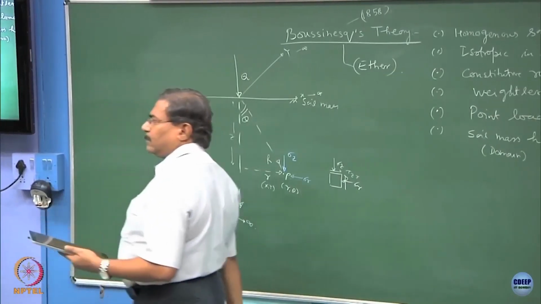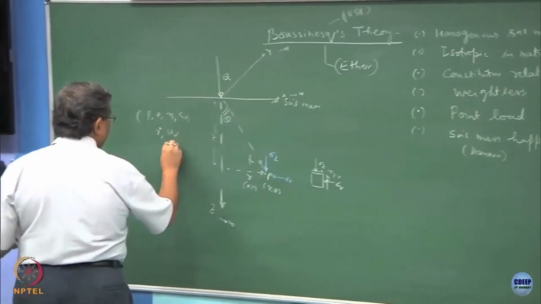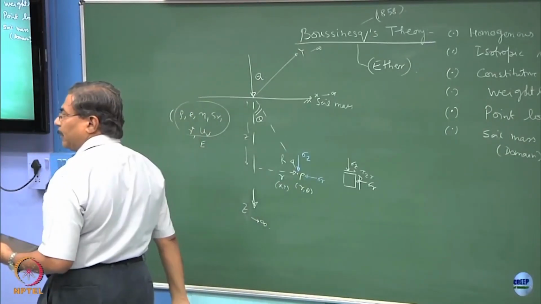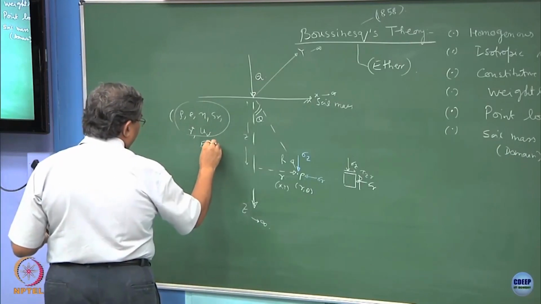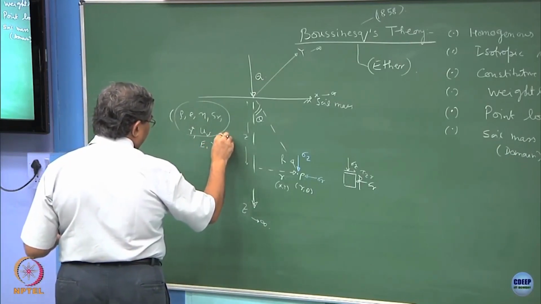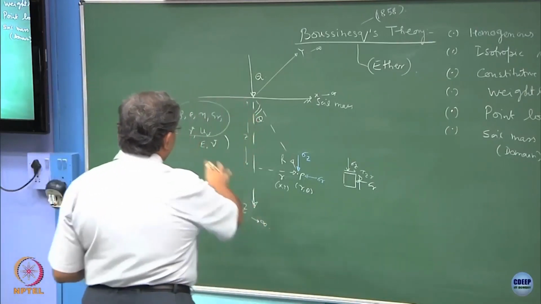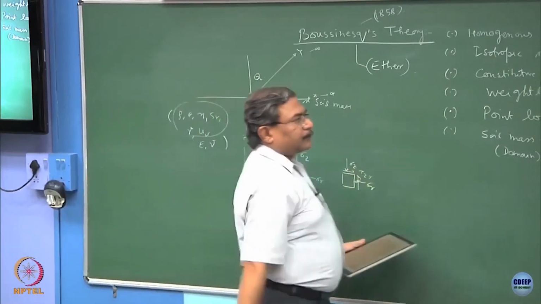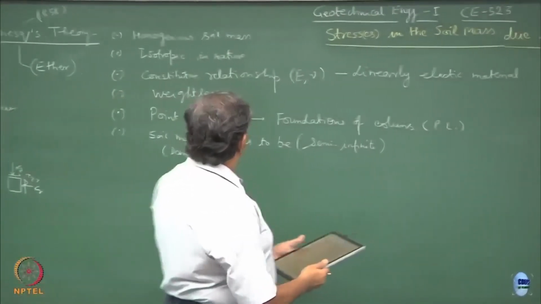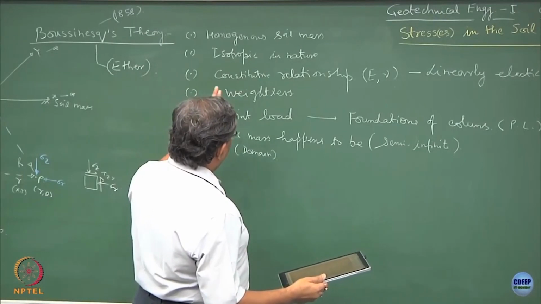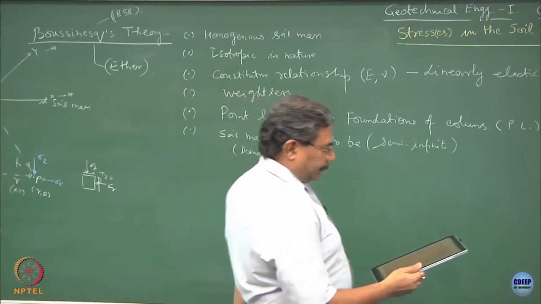What else? Poisson's ratio, engineering properties, these are the fundamental properties, bulk properties. Engineering properties are elastic modulus and Poisson's ratio. So, these are the soil properties, none of them appear in this expression, because the way the Boussinesq theory has been derived, this is for weightless material, alright.